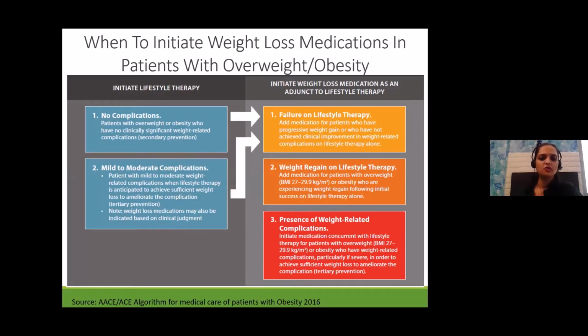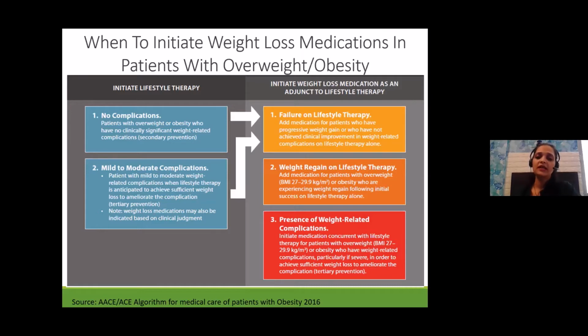When there are mild to moderate weight-related complications, lifestyle therapy is anticipated, and they can achieve sufficient weight loss so that the complication comes down. But failure and progression to a severe zone would definitely call for a medication to be in place. Add a medication for patients who have progressive weight gain or have not achieved clinical improvement in weight-related complications on lifestyle therapy alone, and they would definitely benefit from this.